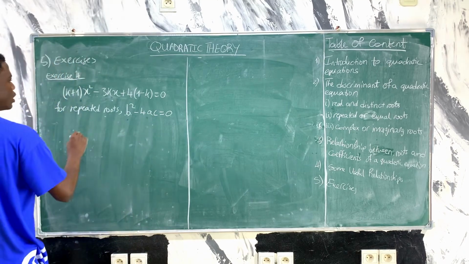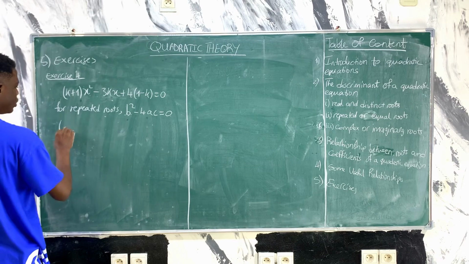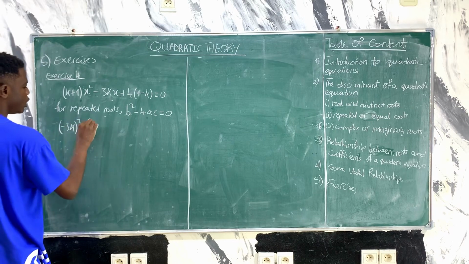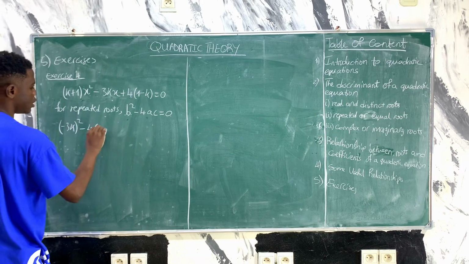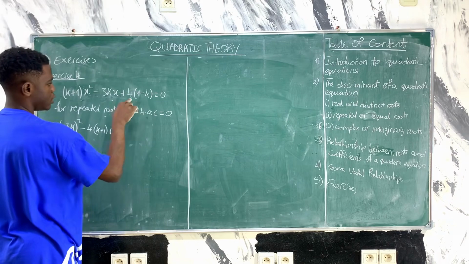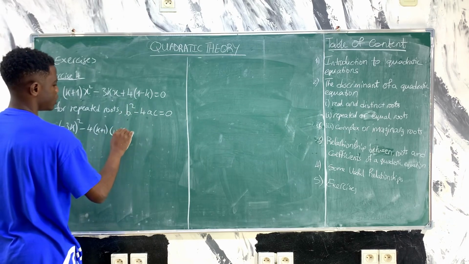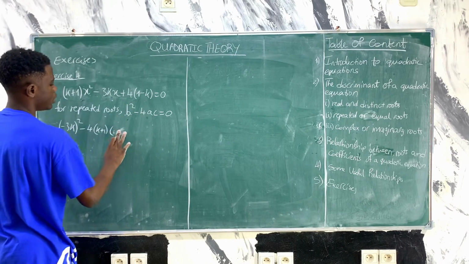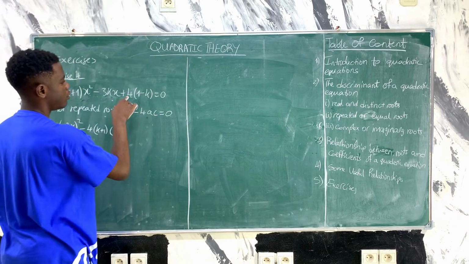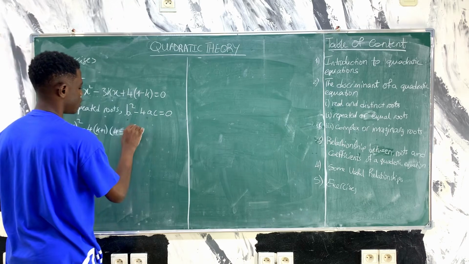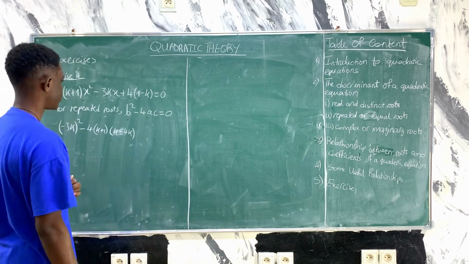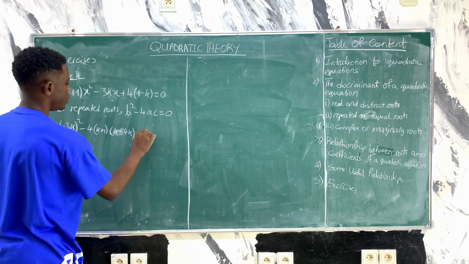So let's get done. We have b squared is minus 3k squared minus 4 times a, k plus 1 times c, 4 into, well, let's expand this. When we expand this, we have 4 times 1, 4 times minus k, minus 4k. I expanded it already just to not make it long. And that will be equal to 0.